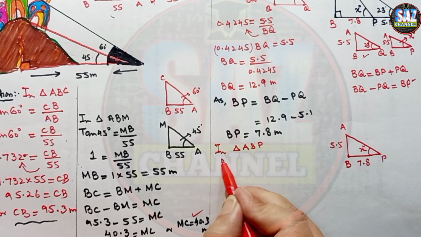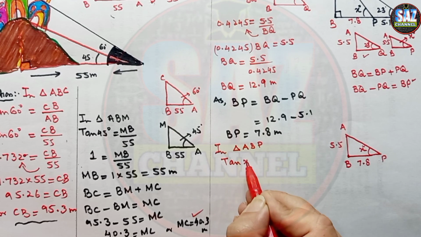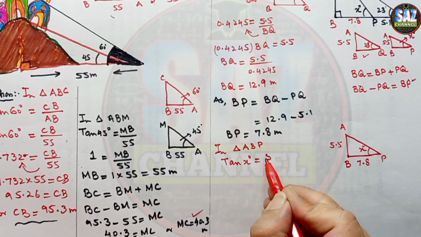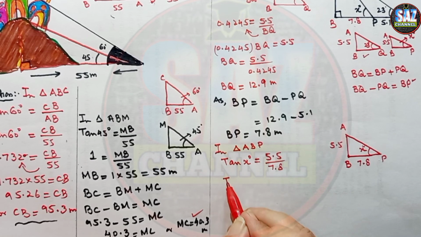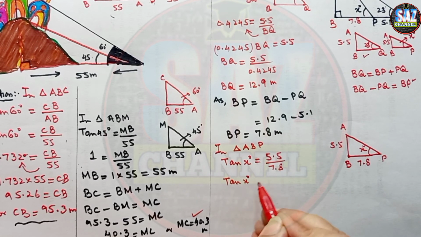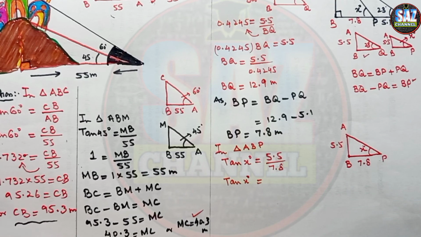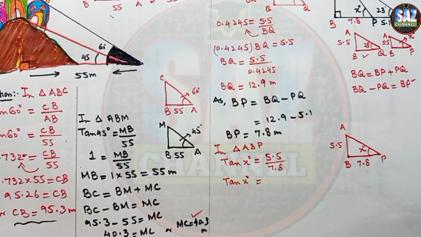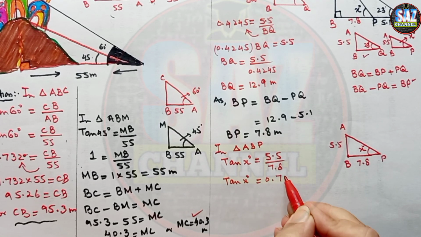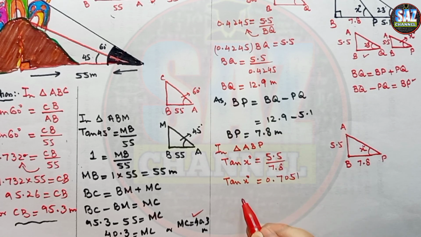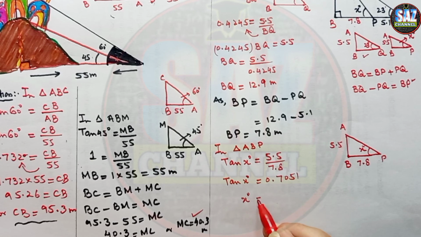Okay, tangent X equals 5.5 upon 7.8. Now divide 5.5 by 7.8 and this gives me 0.7051.